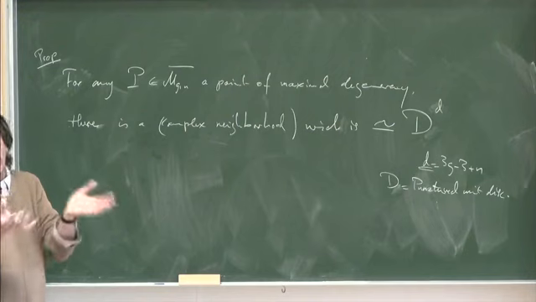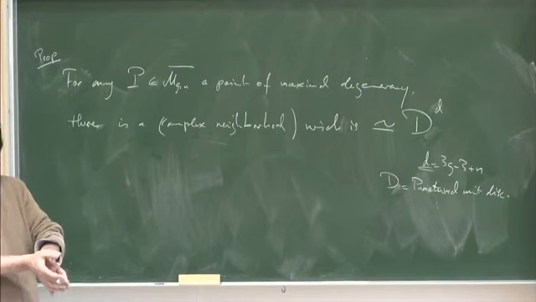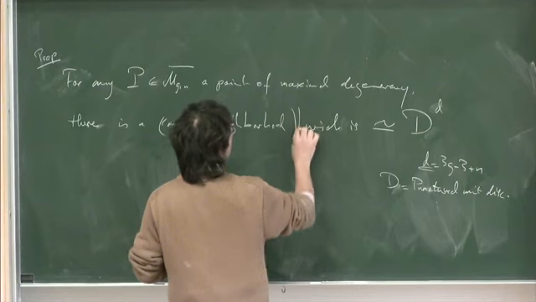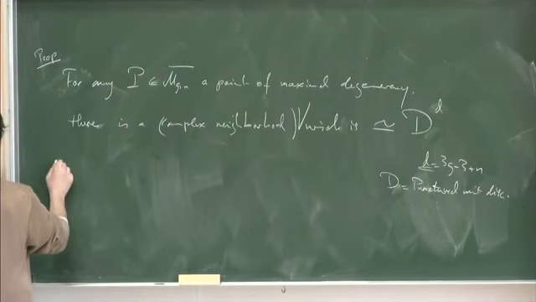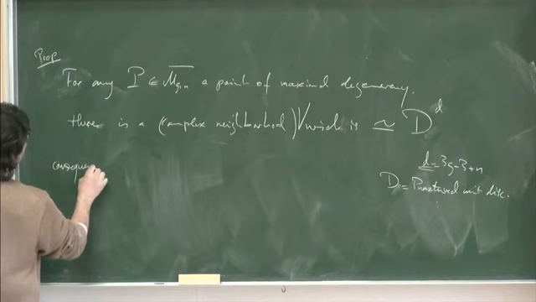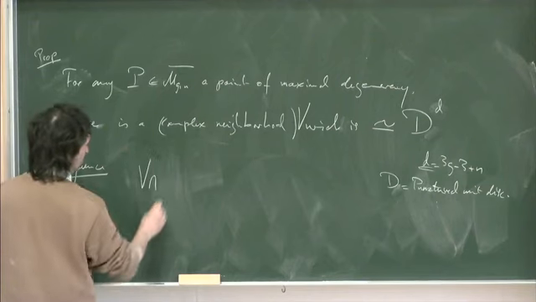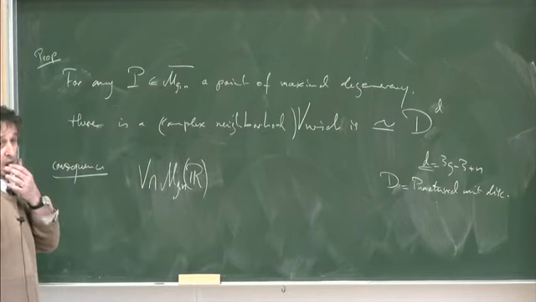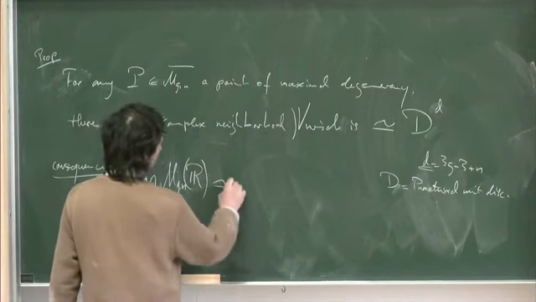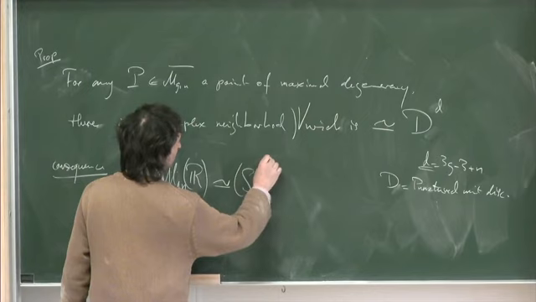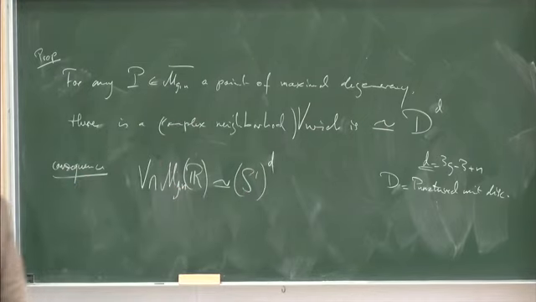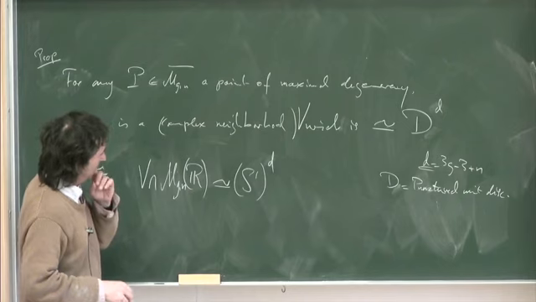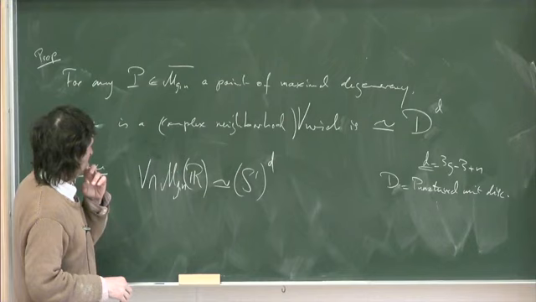When it's 0, then you're on the boundary. When it's not 0, it's not on the boundary. So let's say a complex neighborhood V. Now, as a consequence, V intersected with M_g,n of C is homotopy equivalent to (S1) to the d.